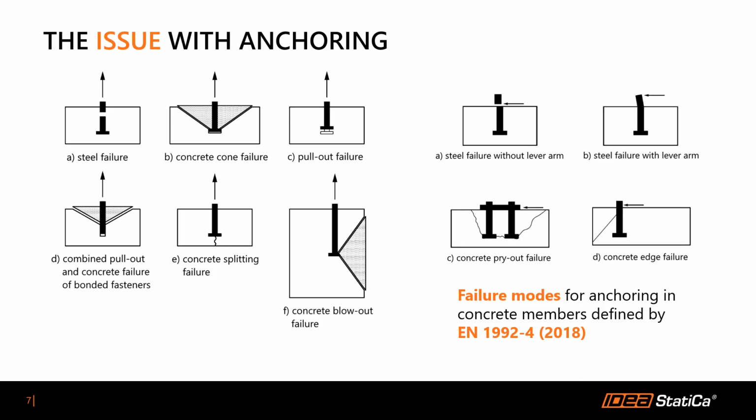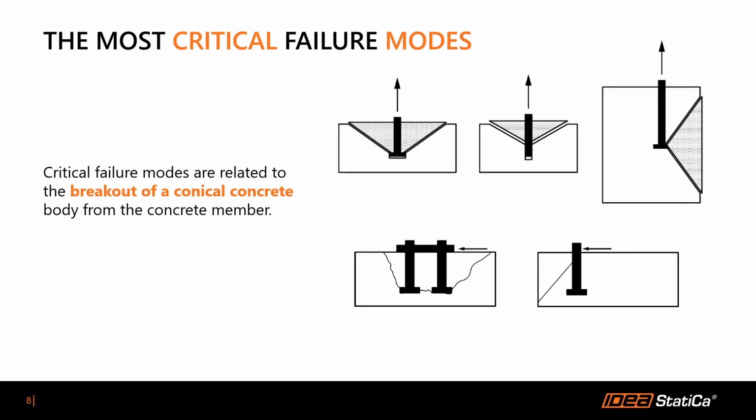Some of them are purely about the anchors, such as the steel failure of the main anchor, and some of them deal with the concrete block, such as the pull-out and breakout. Actually, these concrete breakouts are very often the critical failure mode when you design anchoring, so the whole design fails with this criterion. This is a critical and important fact in the design of anchoring.